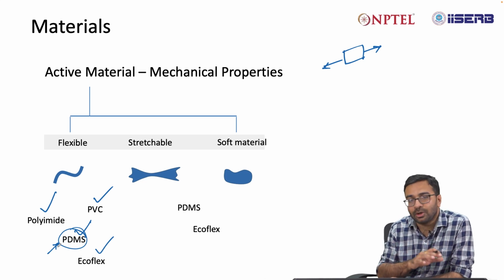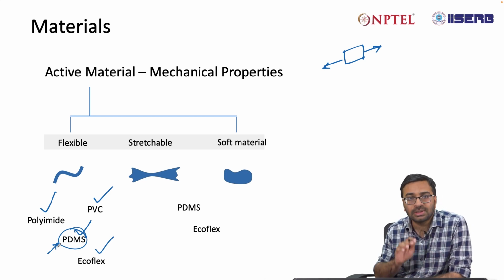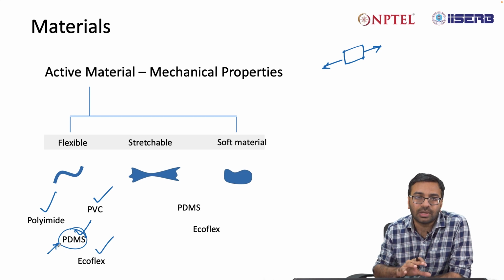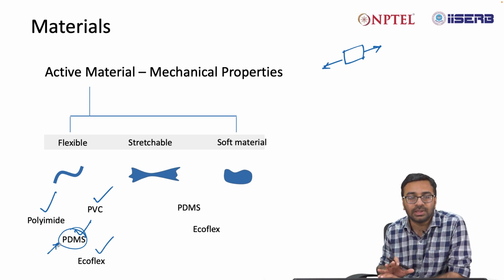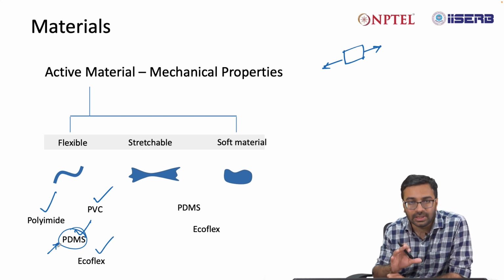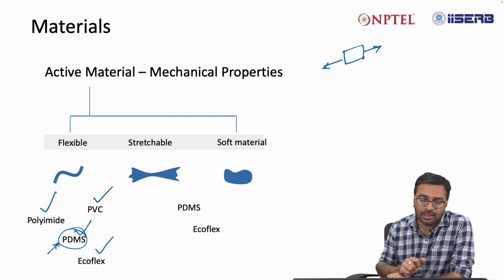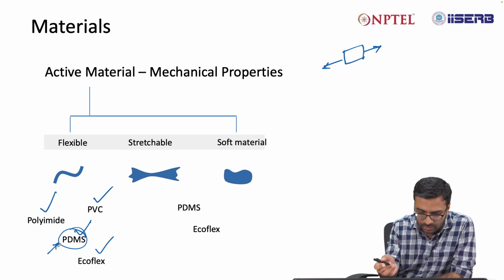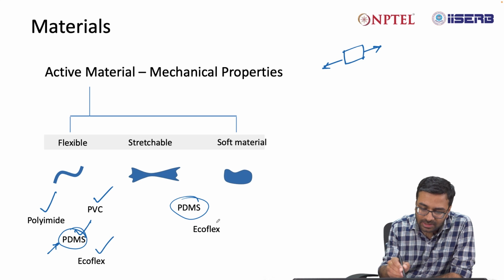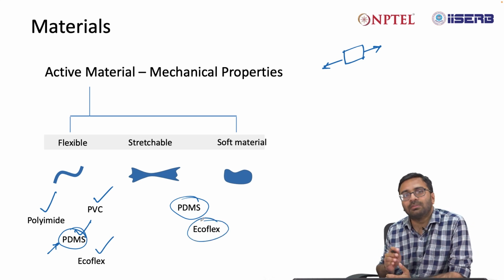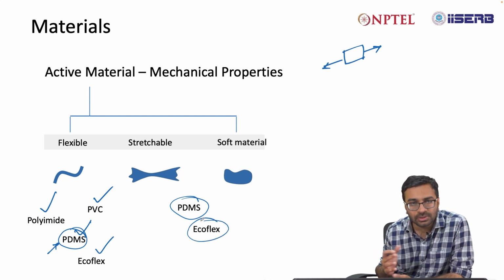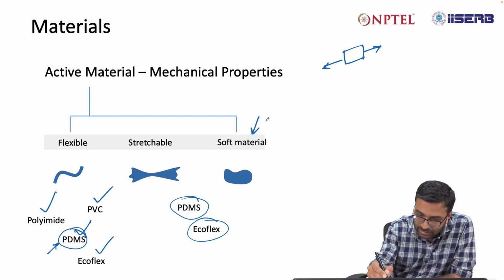So here I am again not discussing all these synthesis processes. I am just giving you an example so that you get an idea what kind of materials we need and why we need them in certain cases. Then we have soft materials like again PDMS and Ecoflex. Some other polymers may also act as stretchable and soft materials. In fact, the softness of a material can also be changed.